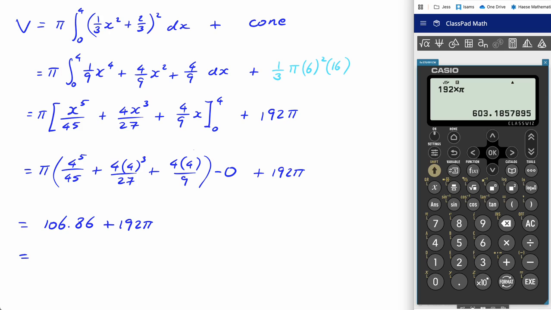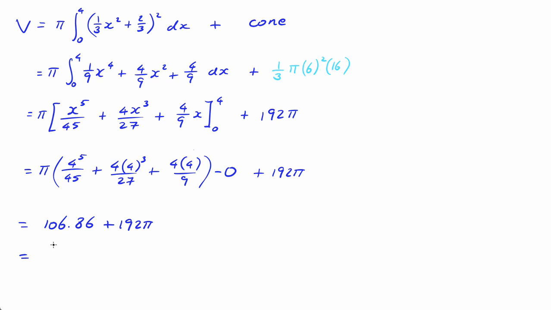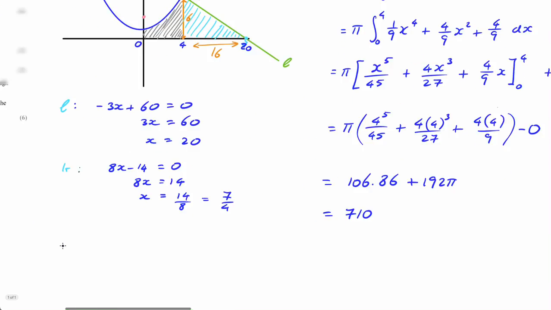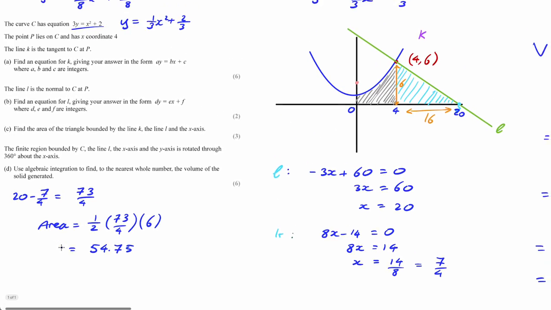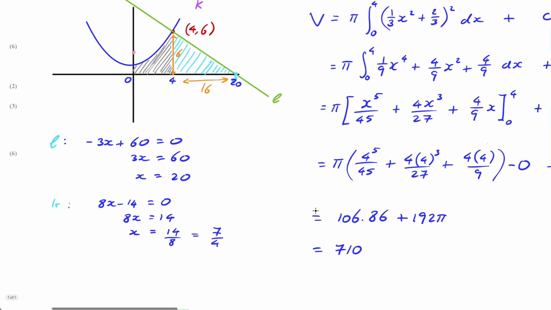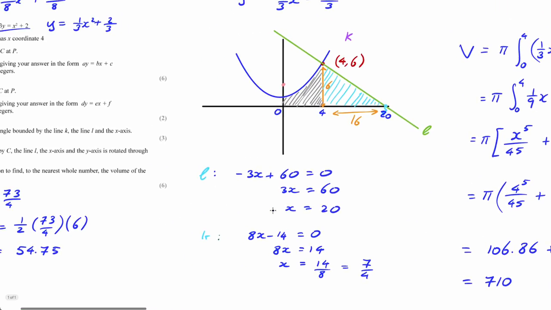Plus 106.86, which is 710.04, which is 710, which is right, thankfully. Okay, that is 710. I don't know what units we're in, guys, centimeters, or it doesn't even say. The volume is 710. Okay, that's it, guys.